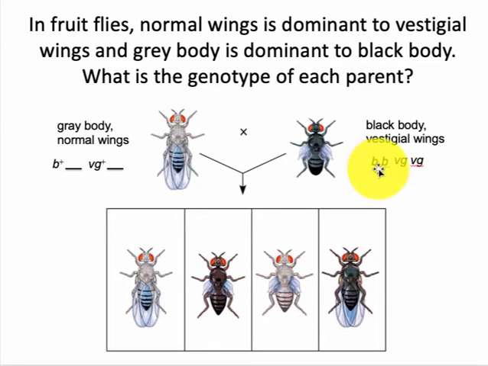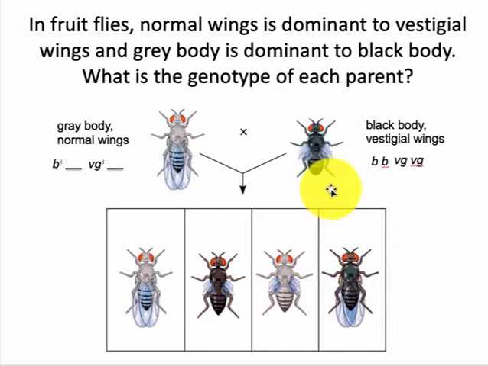So it must be homozygous recessive for the body color gene, and we're going to use the letter B to signify body color, and B plus is going to signify the dominant allele here.